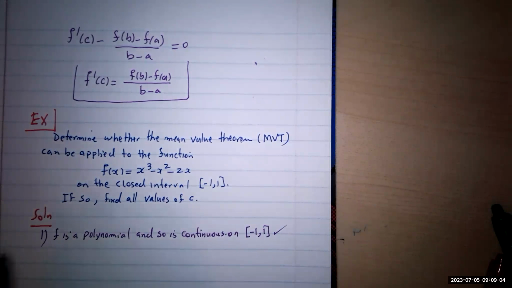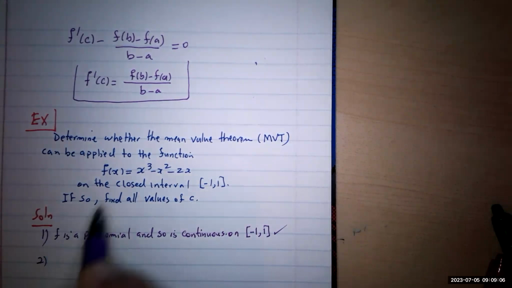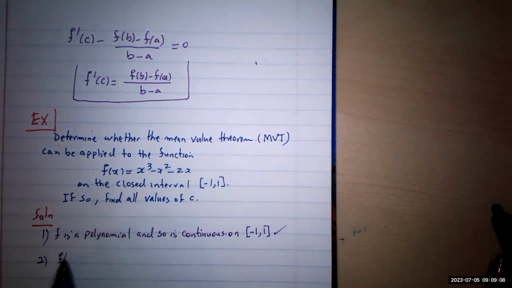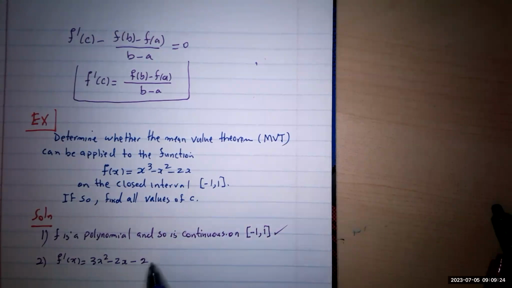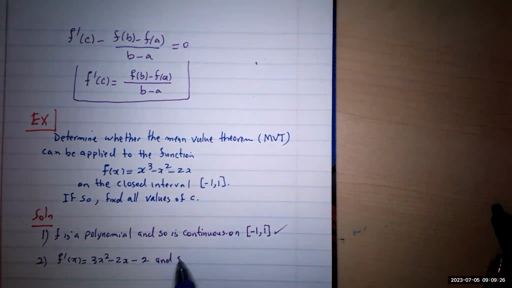Second condition, differentiability. f prime of x is equal to 3x squared minus 2x minus 2. Differentiate carefully, because that will be important when you go on. So it's differentiable, and so f is differentiable.